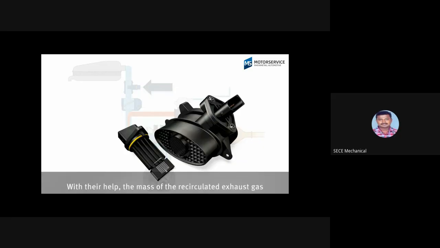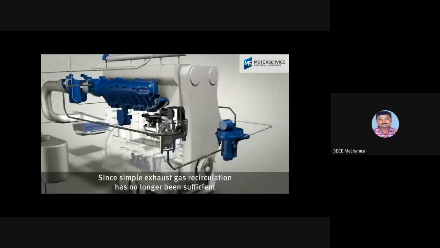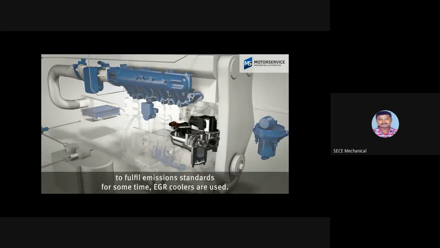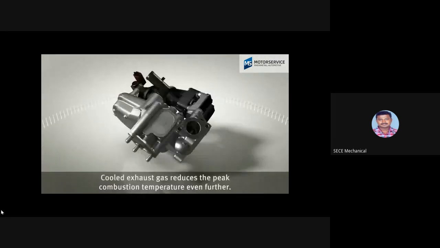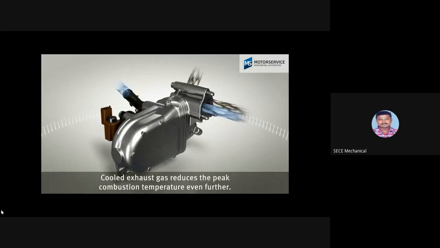With their help, the mass of the recirculated exhaust gas is calculated indirectly using the reduction of intake air. Since simple exhaust gas recirculation has no longer been sufficient to fulfill emission standards for some time, EGR coolers are used. Cooled exhaust gas reduces the peak combustion temperature even further.